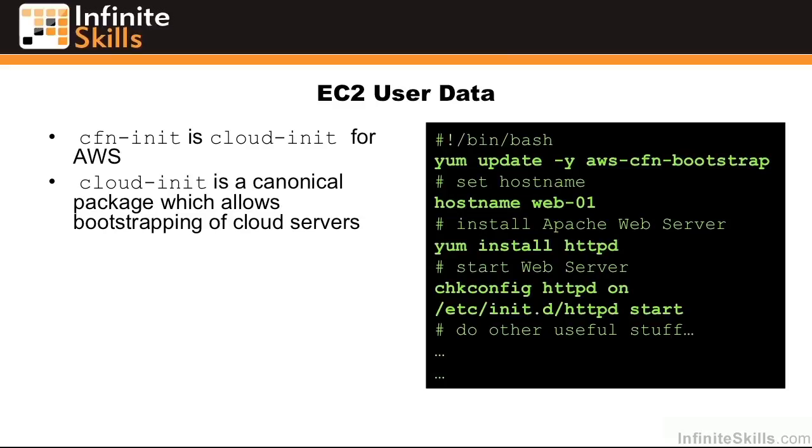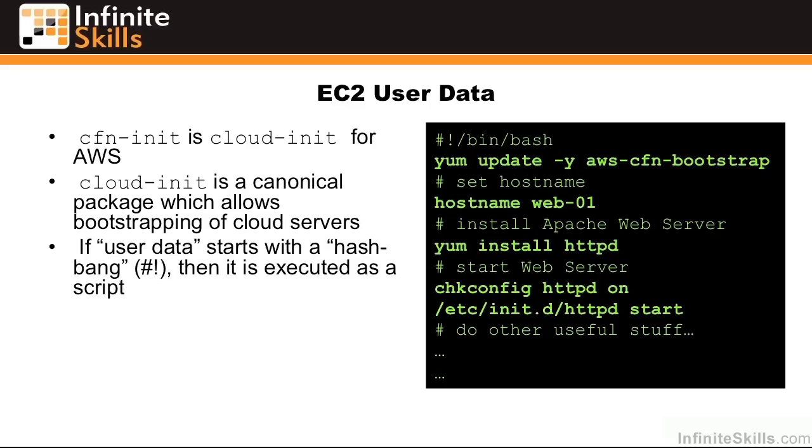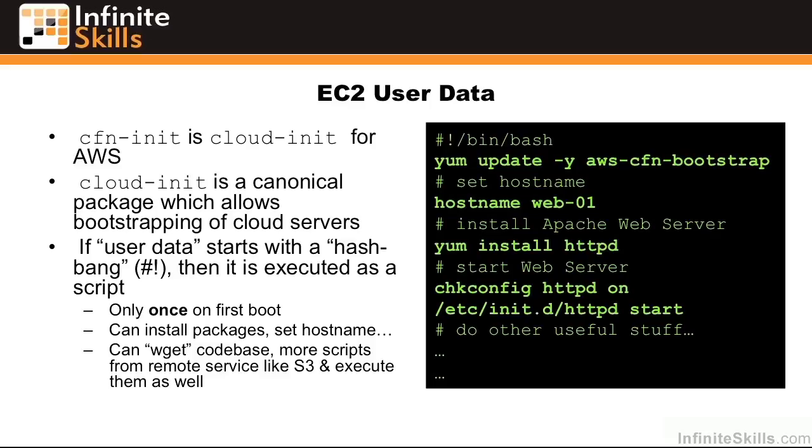Cloudinit is not AWS specific, but cfninit is. cfninit says that if user data starts with a hash bang, as we see here, it's going to execute the whole rest of the code as a user, only on the first boot, and it can install packages, set host names, and do wget of codebase and other scripts. This is how we can get around that 16K limitation. We could just wget a script from S3 and run that as well.